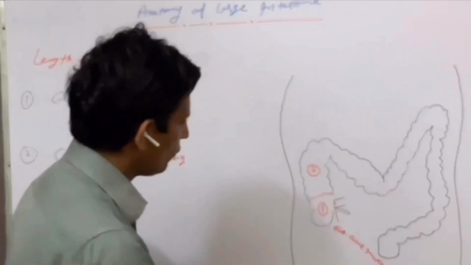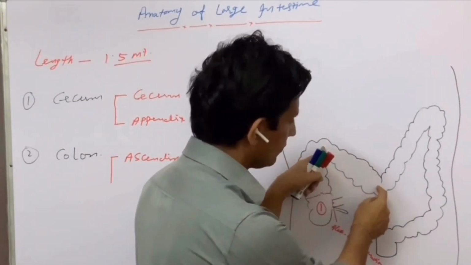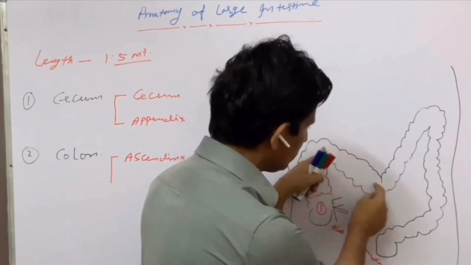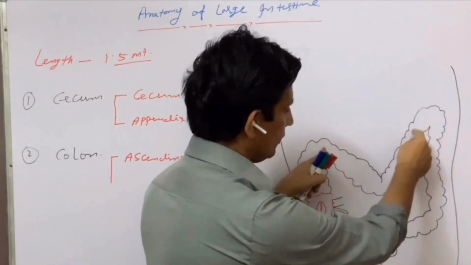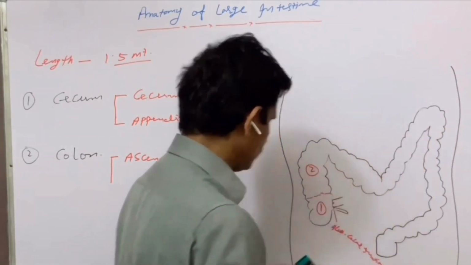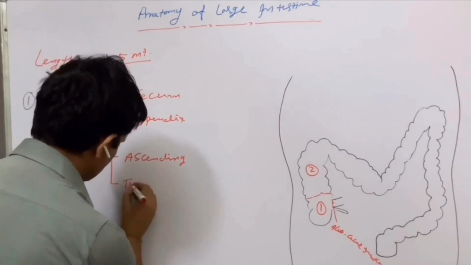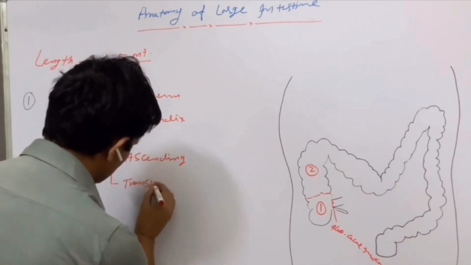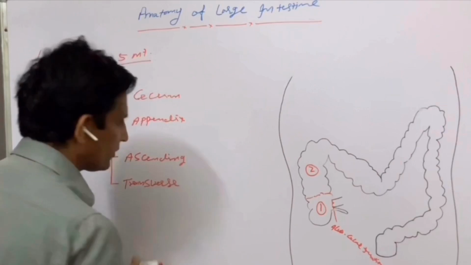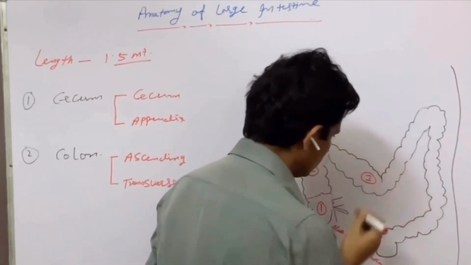And from here, this part runs right through this way and then upward. This whole middle part is known as the transverse colon. So this one is the second part, right?